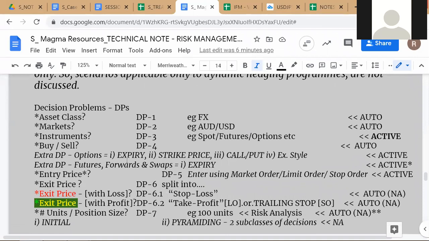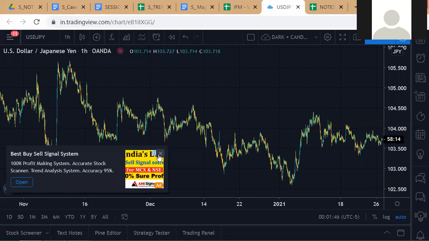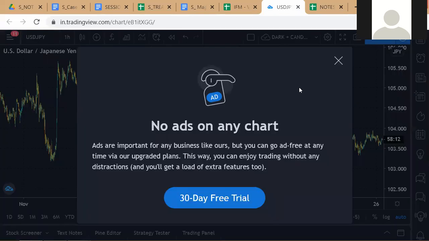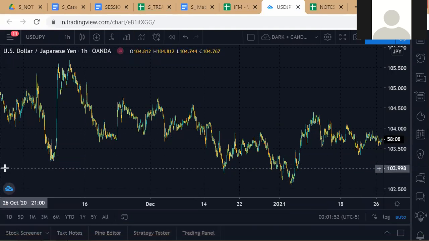Now, what about buy or sell? Remember the original DP4 buy sell? I am here in an active risk book management. I have decided to trade dollar yen. I come into the market and look at this dollar yen chart and I'm confused. Should I buy or should I sell? Because I have an active risk book, I have zero risk to start with.